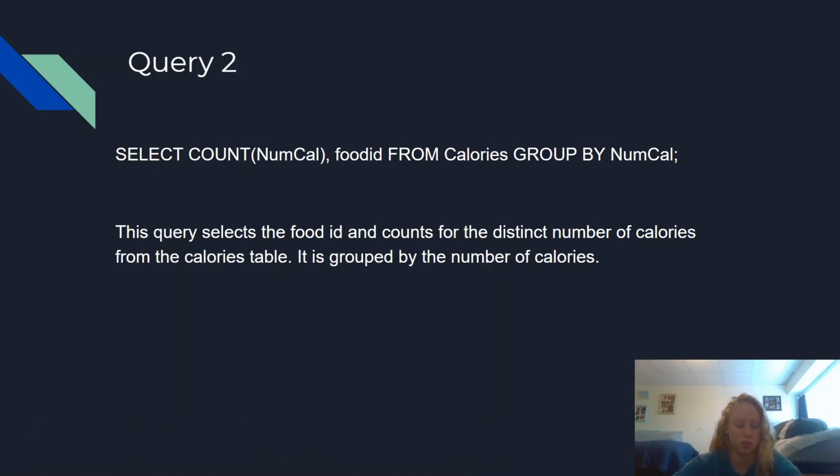Query number 2, we are selecting the count of the column numcal and the column food ID from the table calories. This query just selects the food ID and counts the number of calories from the calories table.